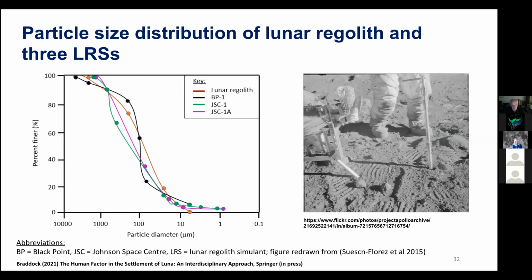So as you can see, as the particle diameter decreases, the percentage of the regolith decreases. But even down to 1 micron, there are still elements of lunar regolith to some extent, but certainly of the authentic regolith that we might expect to find either in experiments conducted on Earth or on the moon.